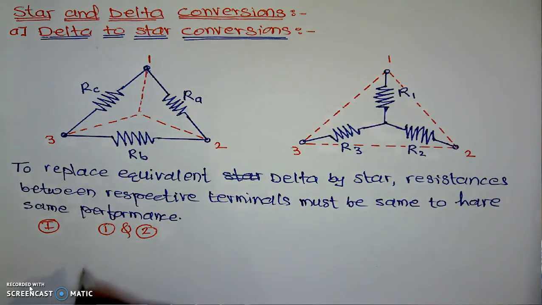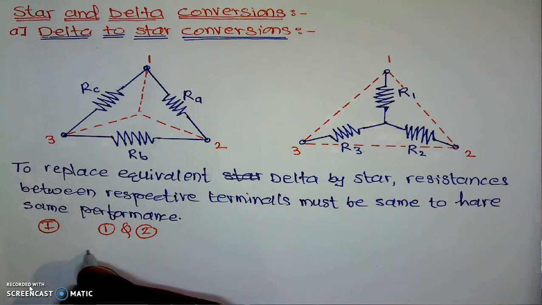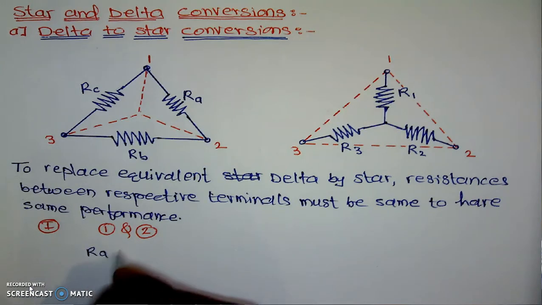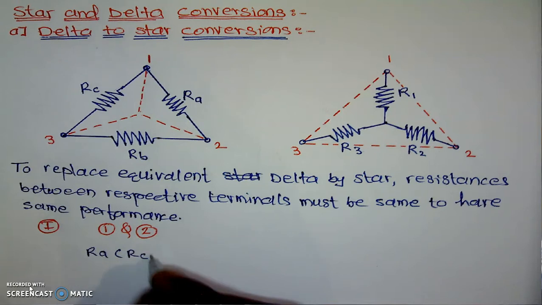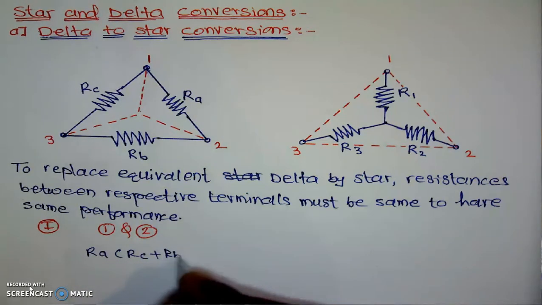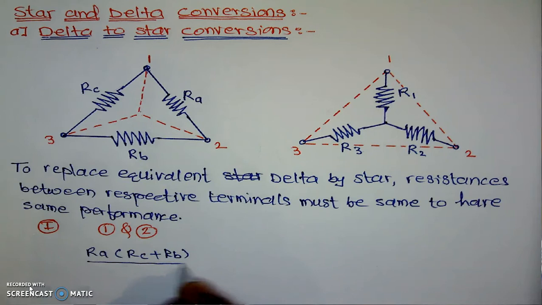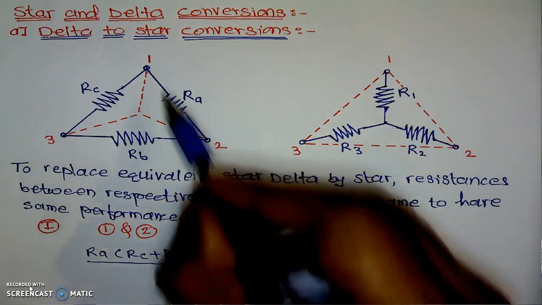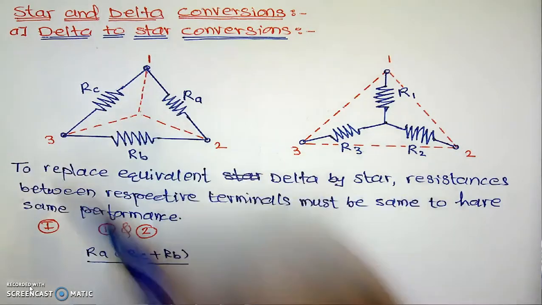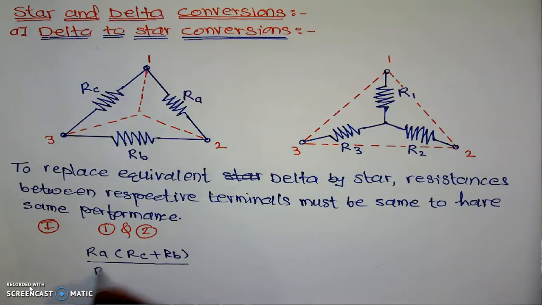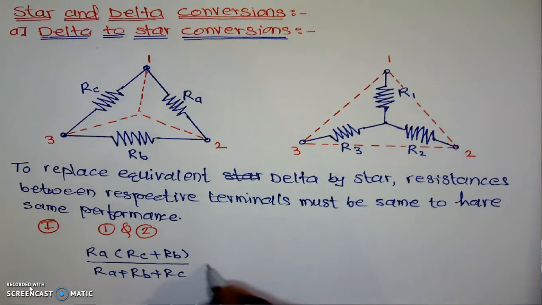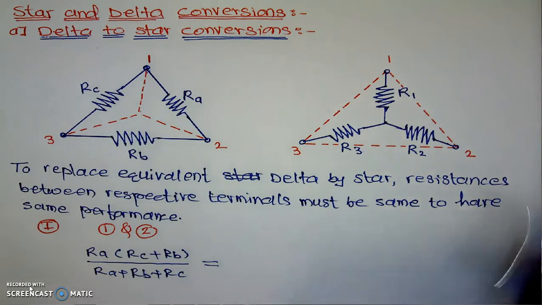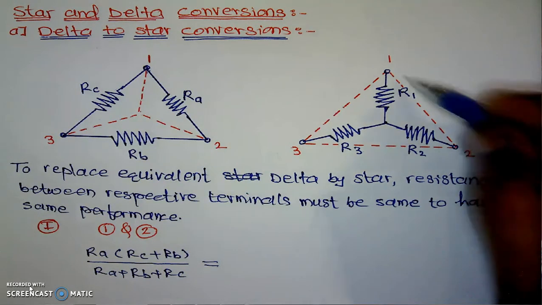The resistance for the delta between terminals 1 and 2 will be RA into the bracket RC plus RB, divided by the total, that is RA plus RB plus RC, which is equal to the resistance between terminals 1 and 2 for the star.